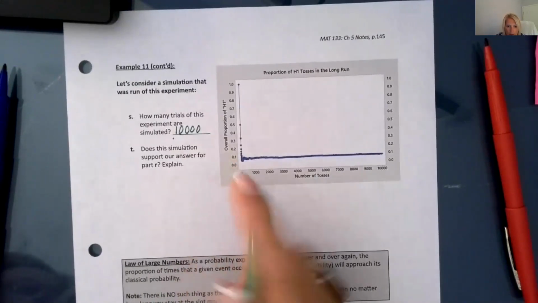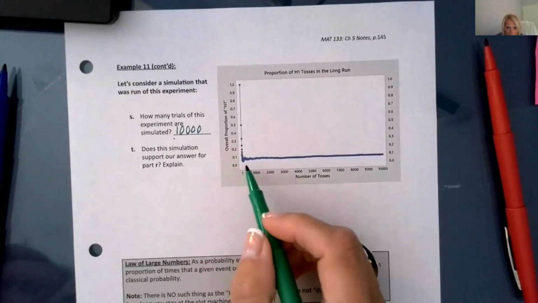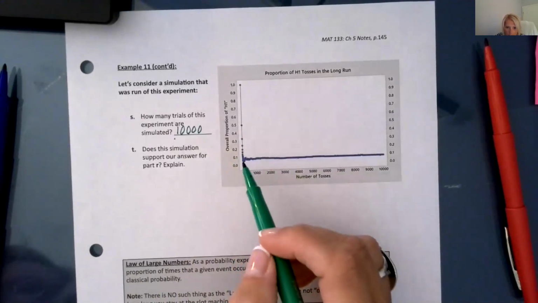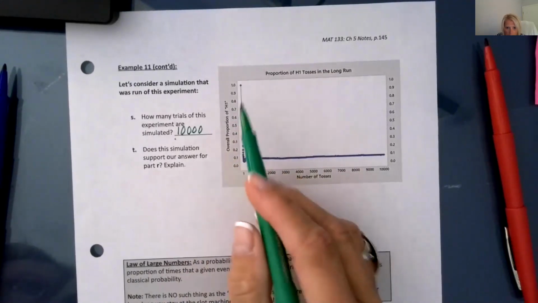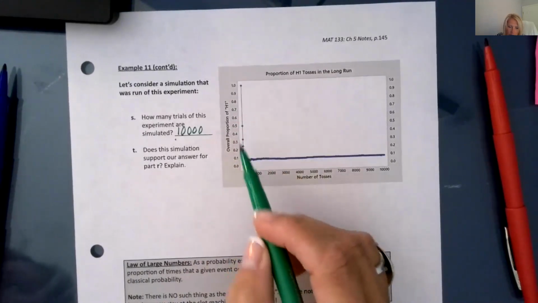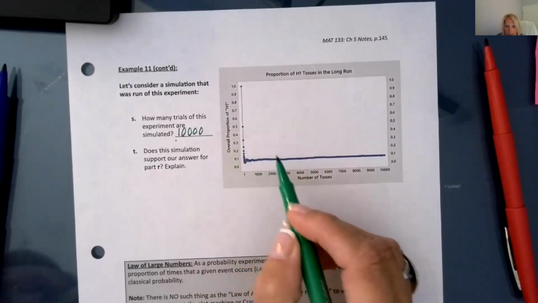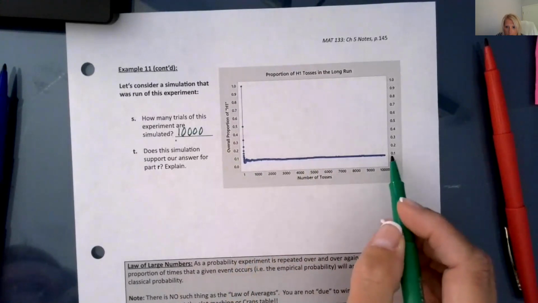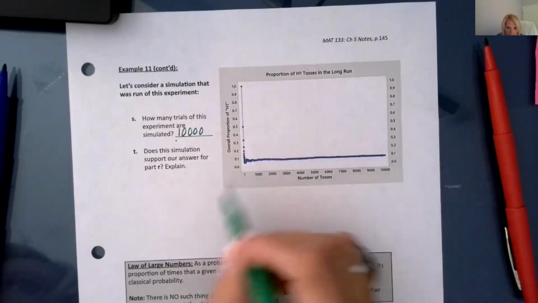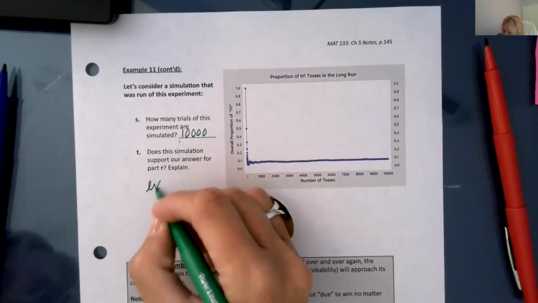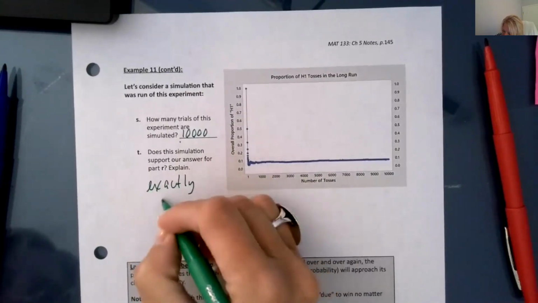You can see here, this is the first few tosses. There were some that were, and this is just counting the H1s, that were really high, right? And then they didn't have as many, then they had a couple more H1s, but then it actually evened out and evened out and evened out right about at that 0.083. So exactly what we thought.